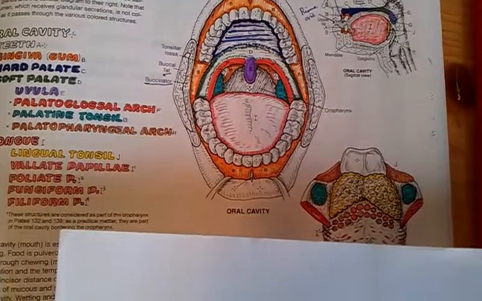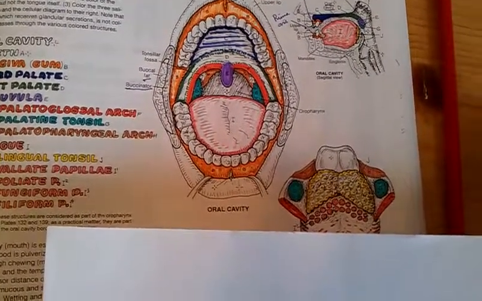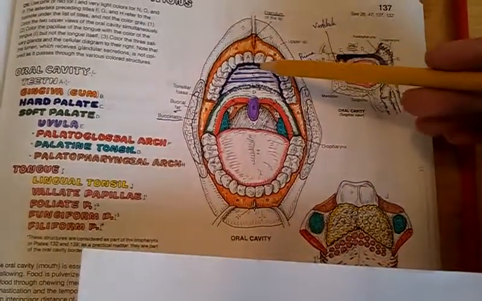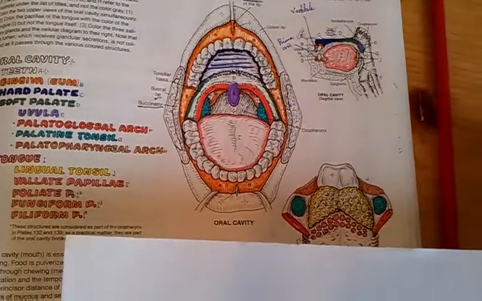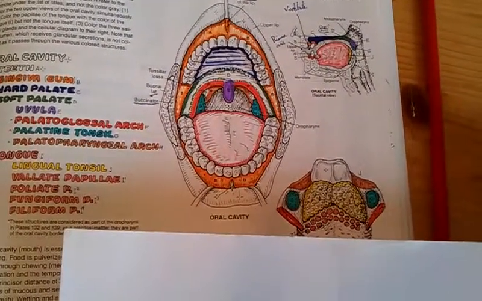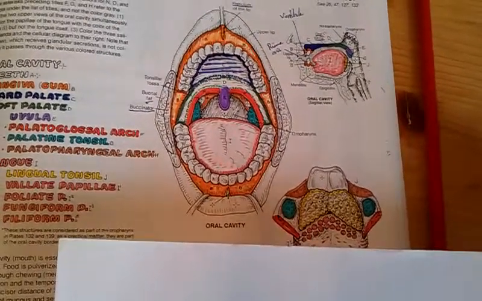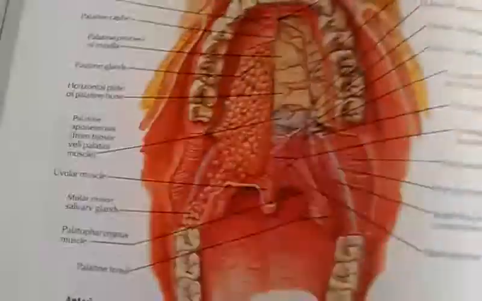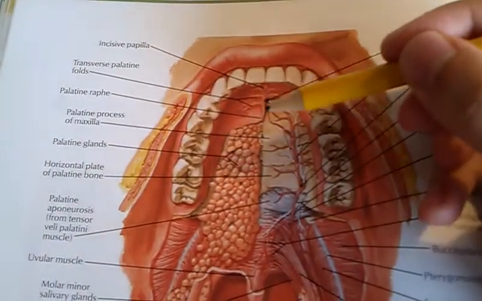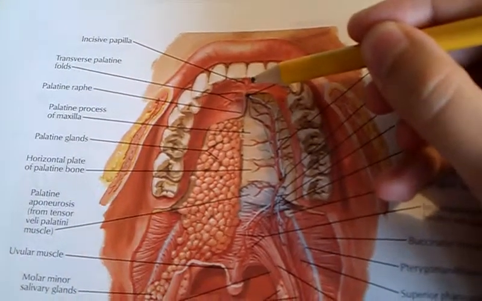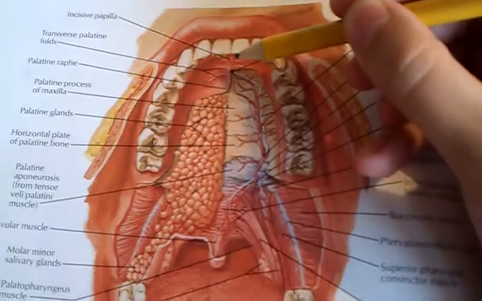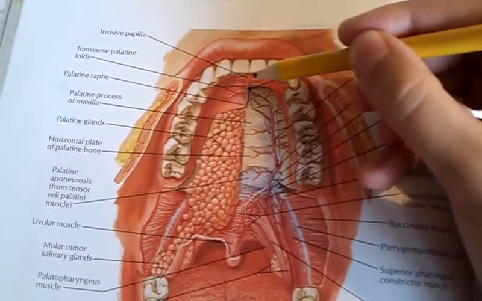Right and left parts meet in the median palatine raphe, which ends anteriorly in the incisive papilla, which I can show you on another picture. Here you have the incisive papilla, or papilla incisiva, depends on if you want English or Latin.